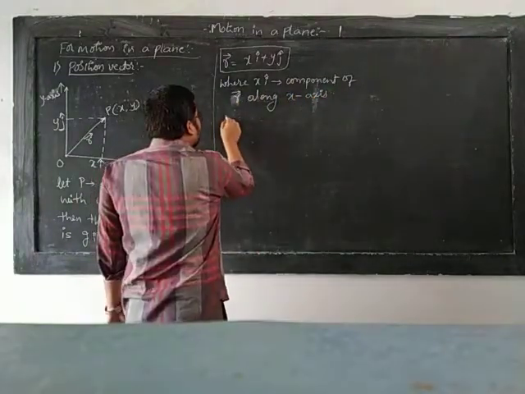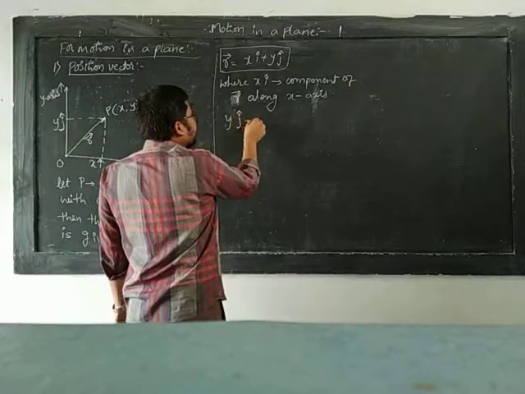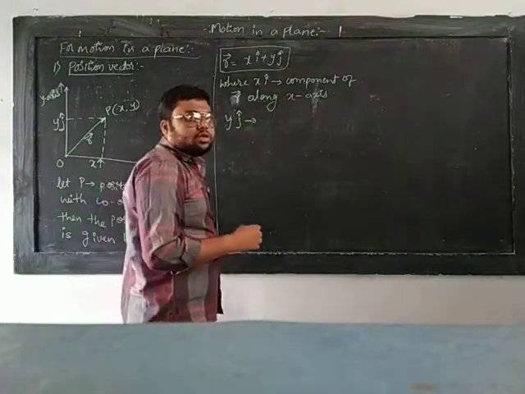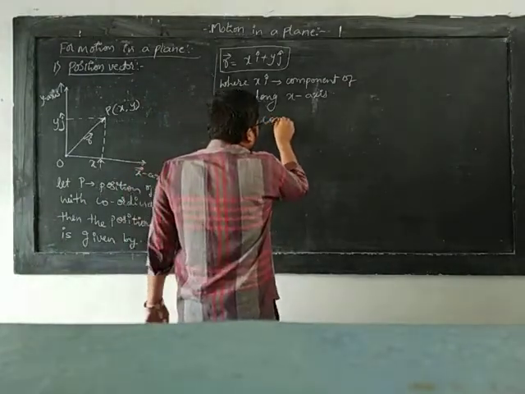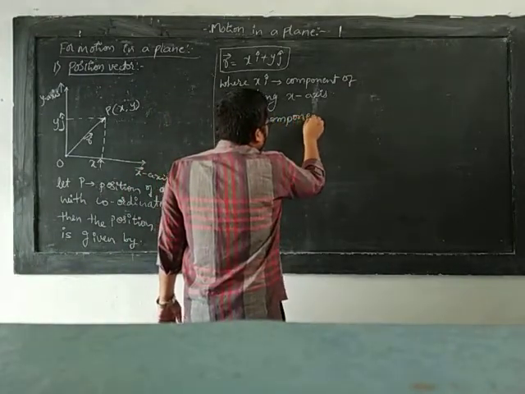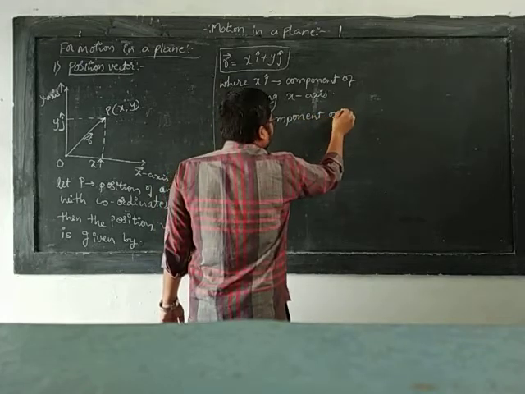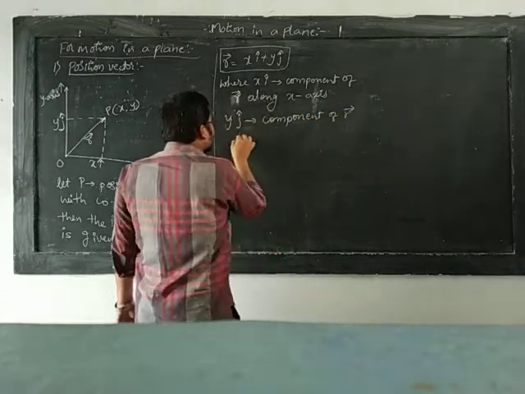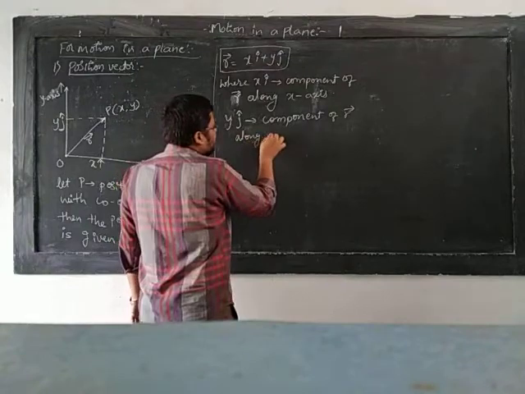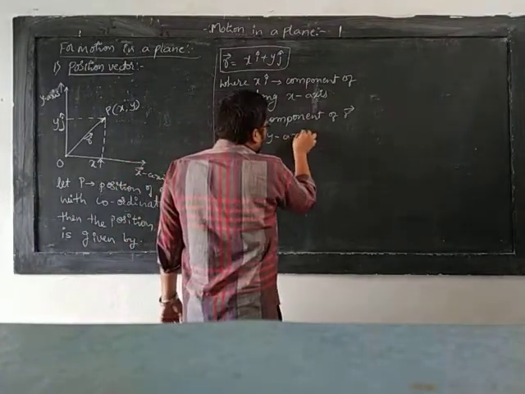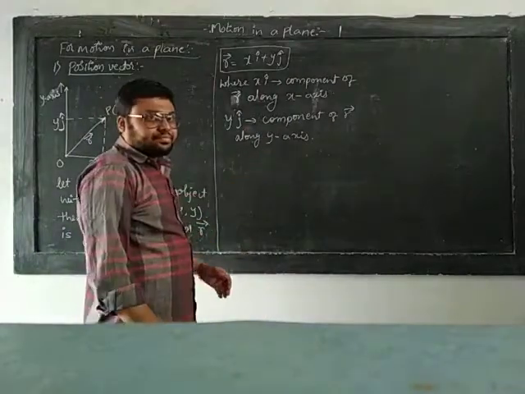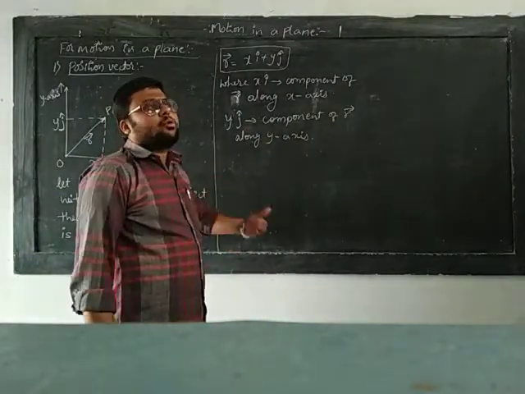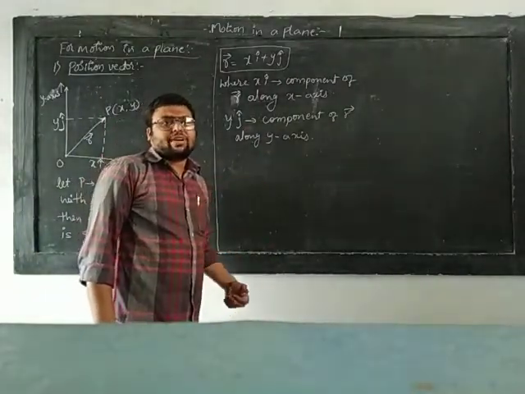Then one more, that is y j cap. That is what? The component of R along y axis. Component of vector R along y axis. Is it clear? Okay.